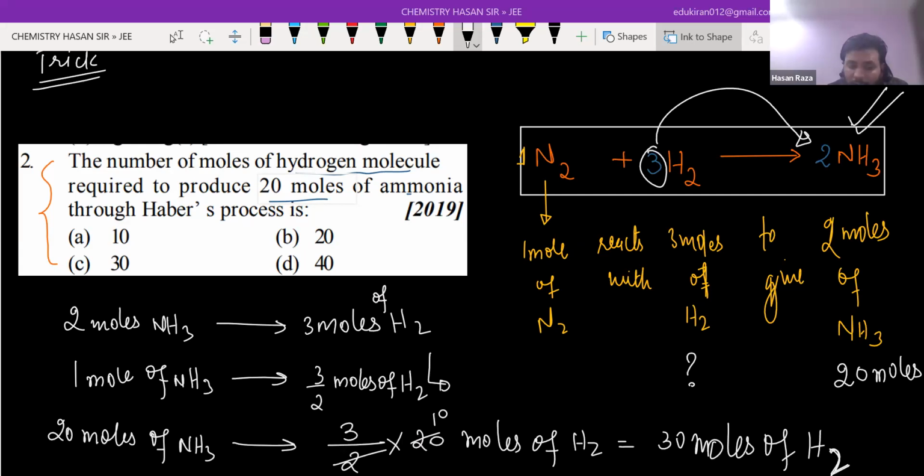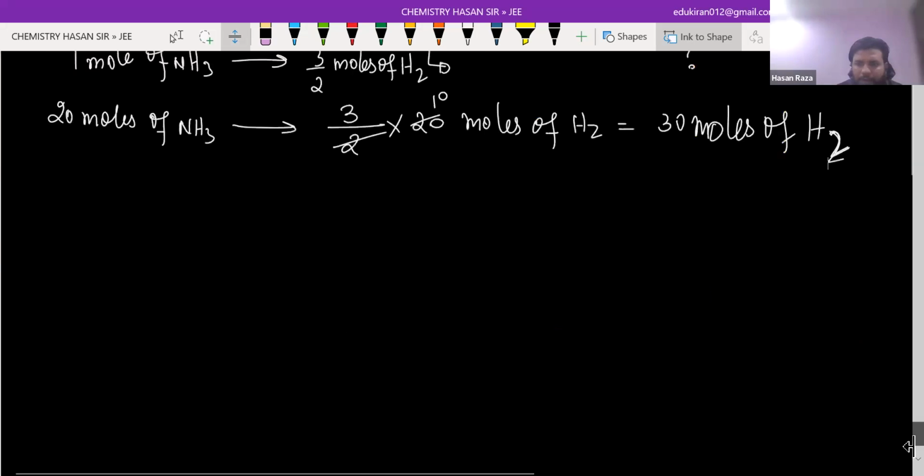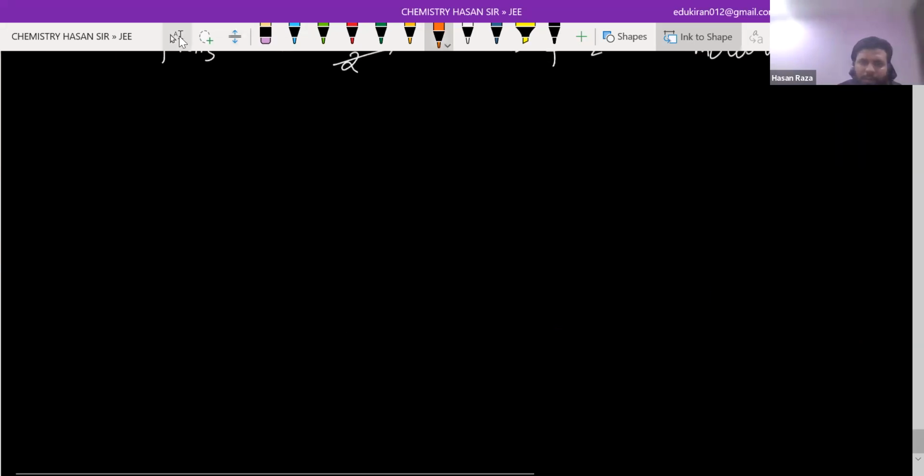Always deal in moles whenever you can easily calculate the number of moles. Everyone knows that, right? Are you done with this, everyone? Everyone knows how to calculate the number of moles, right? Yes or no?